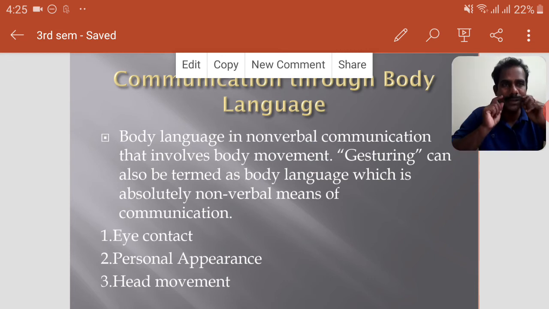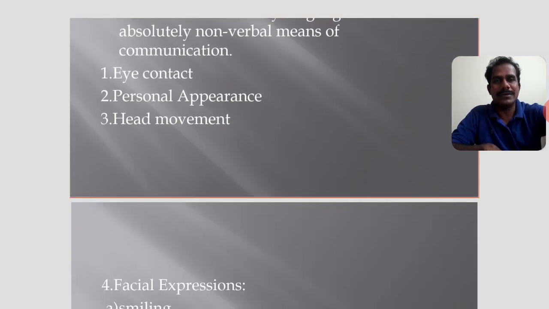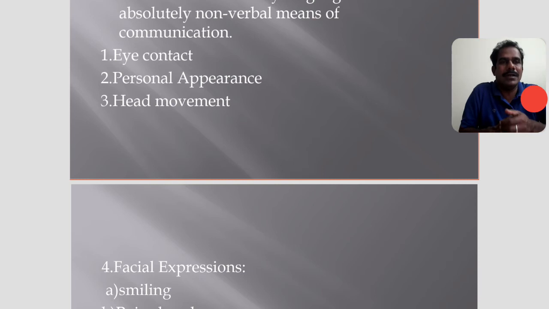Rowdies and goondas have big mustaches and beards, that is one kind of trend. Of course, head movement is also important. If you are listening to someone, you have to nod your head according to their speech. Nodding is important.